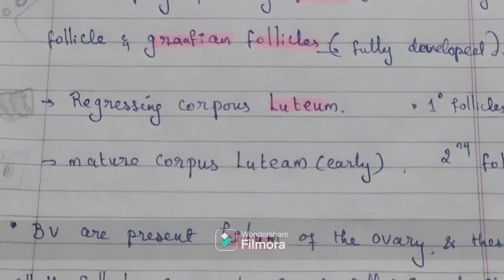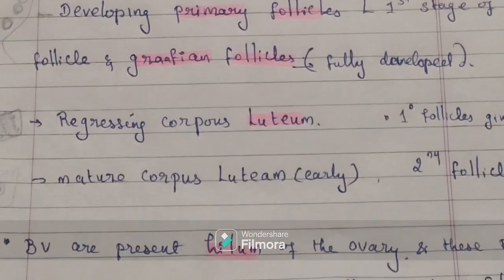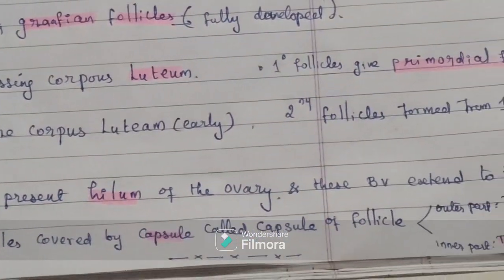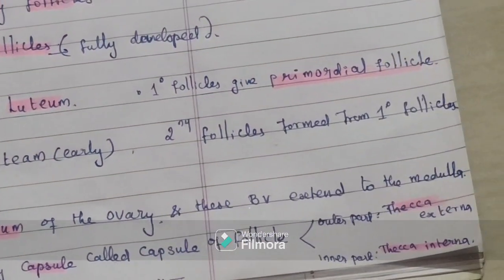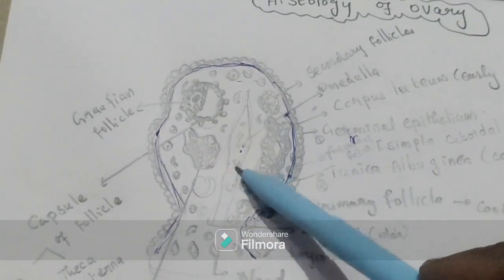Blood vessels are present at the hilum of the ovary, and the blood vessels extend into the medulla.